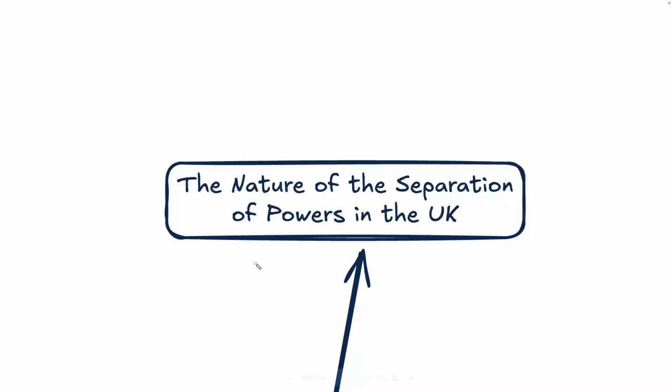Before the implementation of the 2005 Constitutional Reform Act, which was implemented in 2009, all three branches of government, the executive, the legislative, and the judicial branches, sat inside Parliament. The highest judicial office, for example, was in the House of Lords.